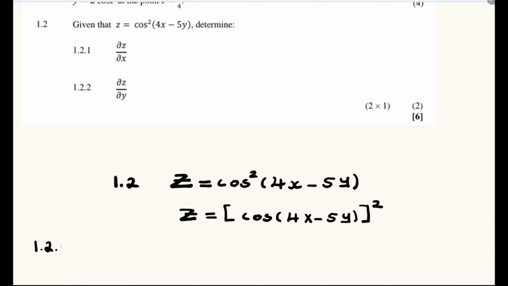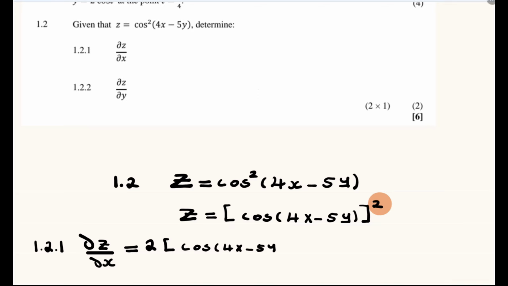So 1.2.1, we have to determine the partial derivative of z with respect to the partial derivative of x. So we are going to treat the y inside the cos as a constant. So we differentiate, we have the 2 from the exponent multiplied by the cos of 4x minus 5y. From the exponent, we minus 1.